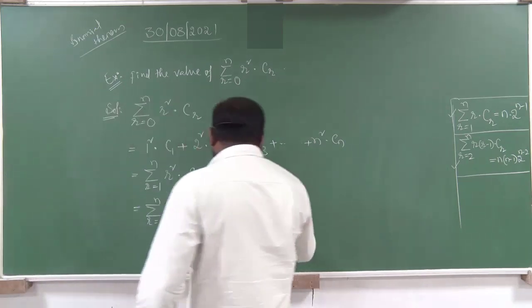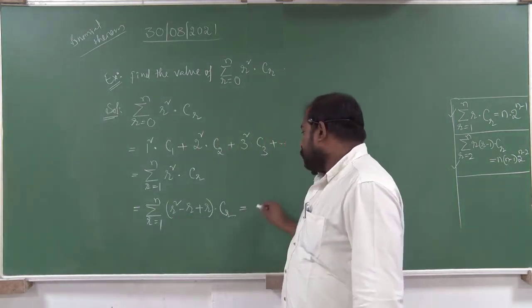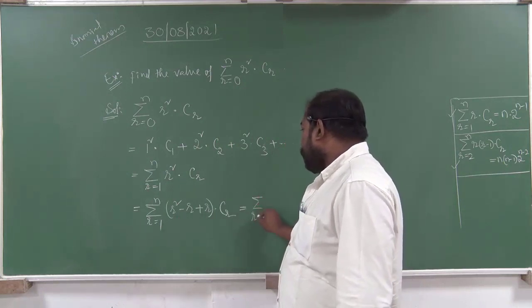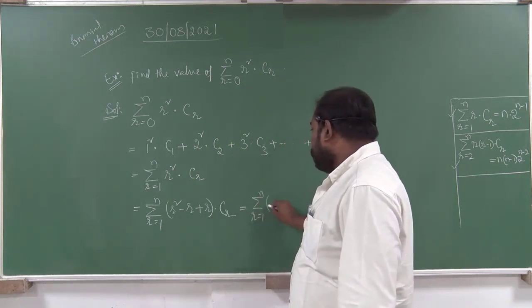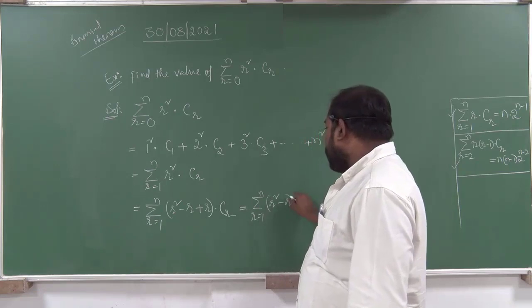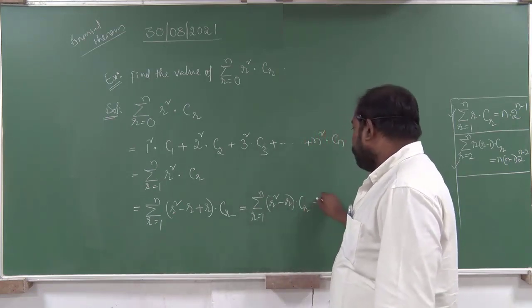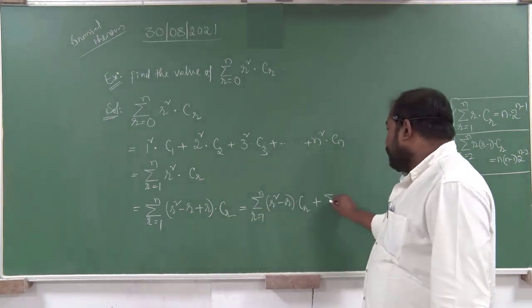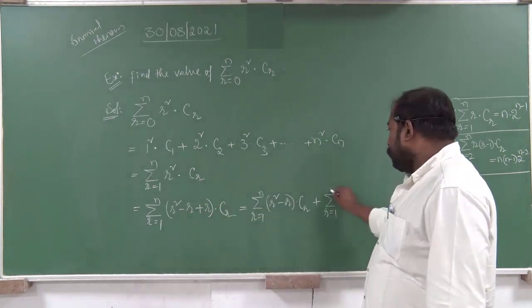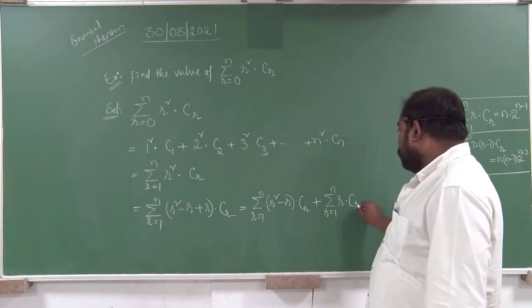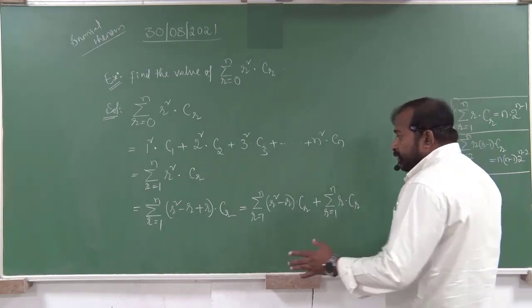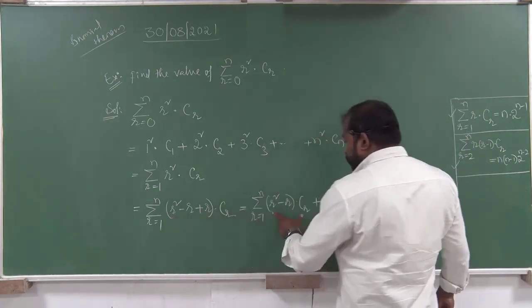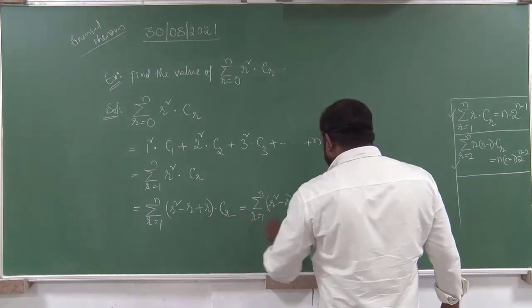Which is equal to, here the first value, sigma r is equal to 1 to n of r square minus r into Cr, one value. Our next value, sigma r is equal to 1 to n of r into Cr. Understand, mom? Here r square minus r I have written here, r into Cr I have written here.